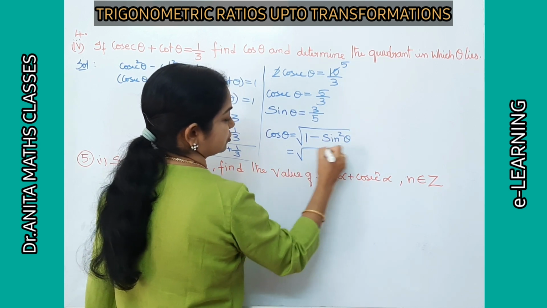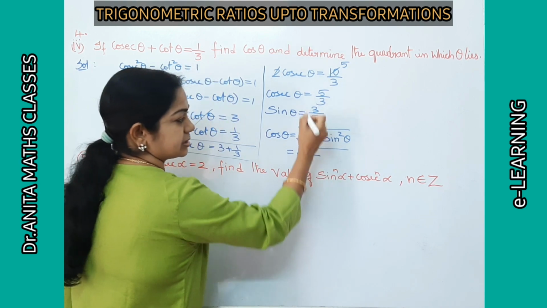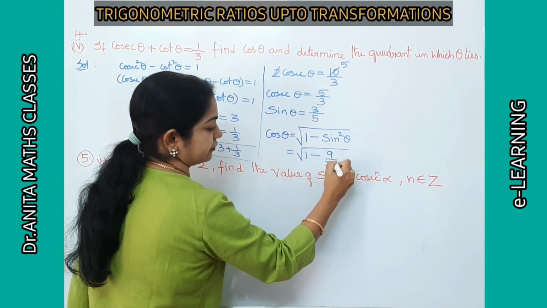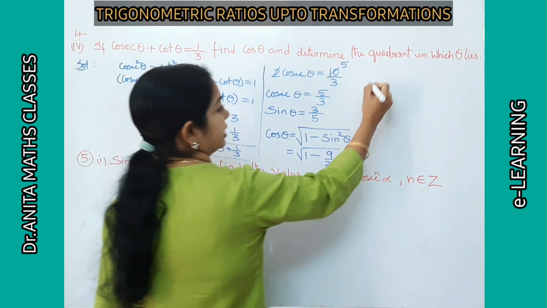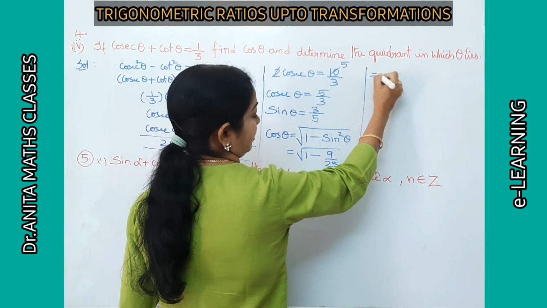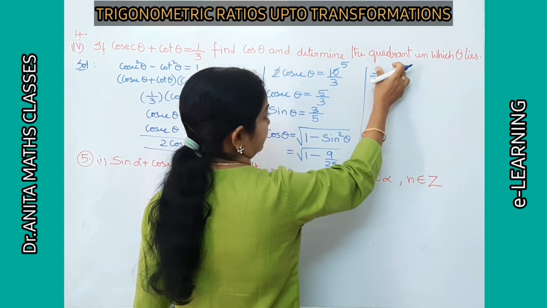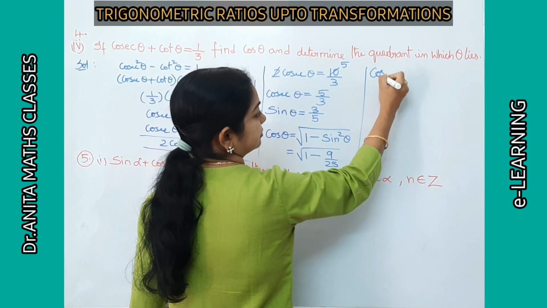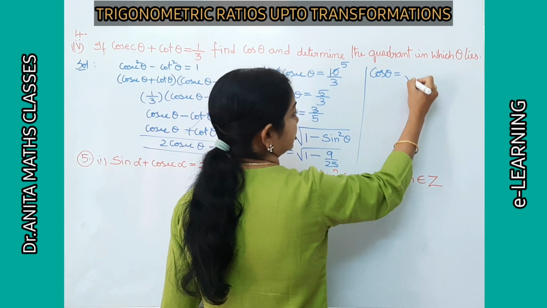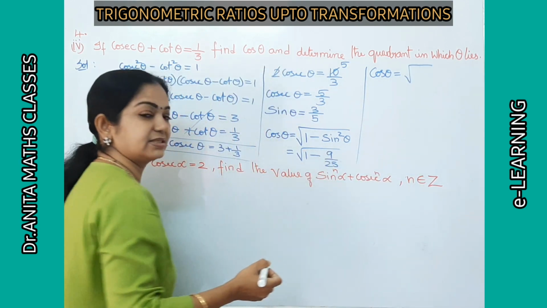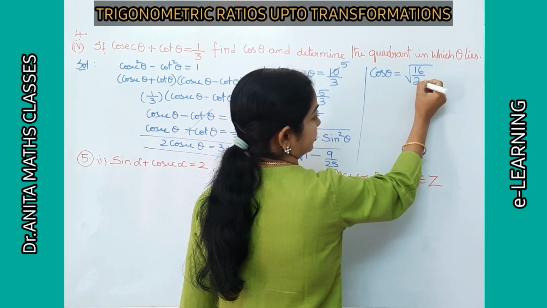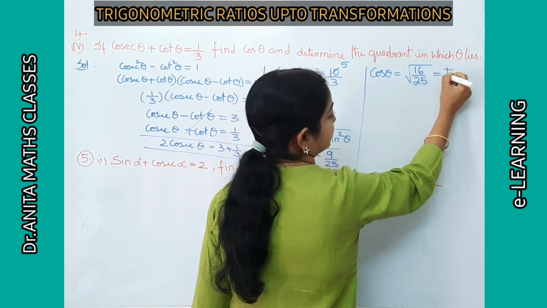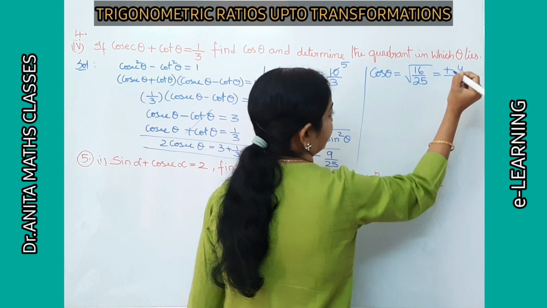So that comes to 1 minus sine square is 9 by 25. So we can write cos theta is equal to square root of 25 minus 9, which is 16 by 25. So we get plus or minus 4 by 5.